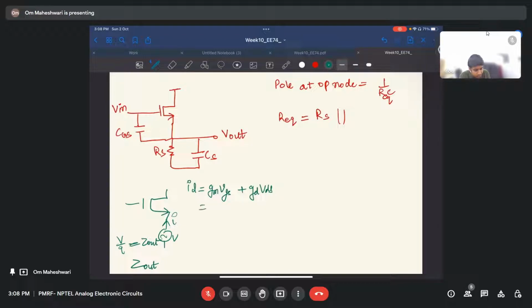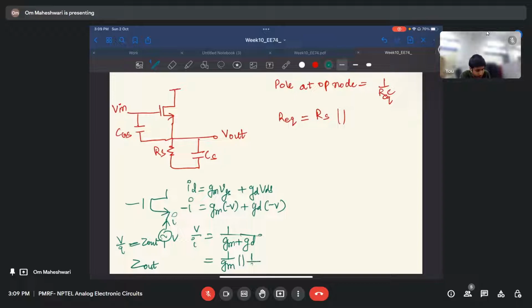So GM will be GM times minus V, and GD will also be minus V, and it will be minus I. So V by I equals 1 by GM plus GD. Right. So it is 1 by GM parallel with 1 by GD.